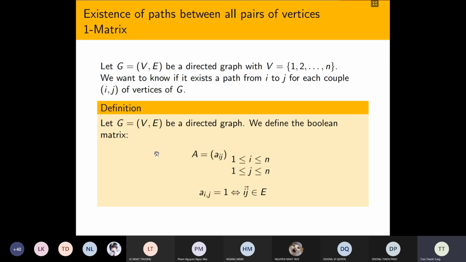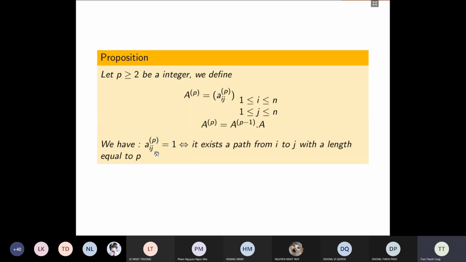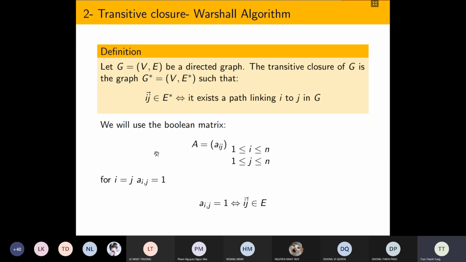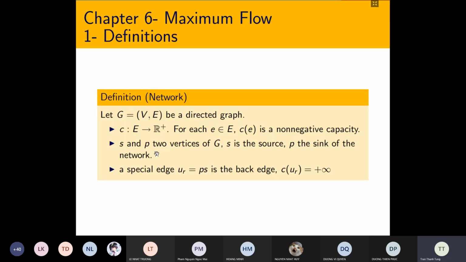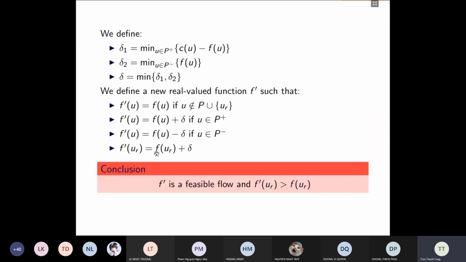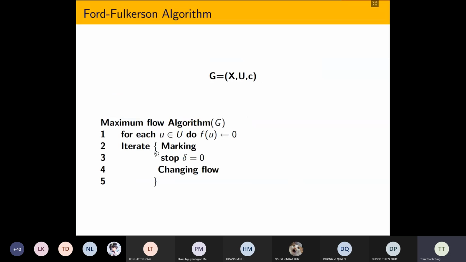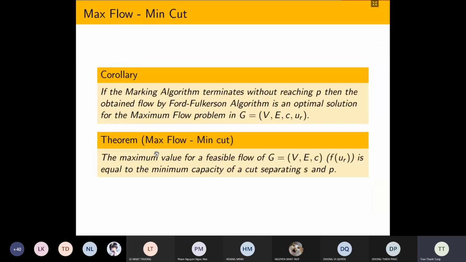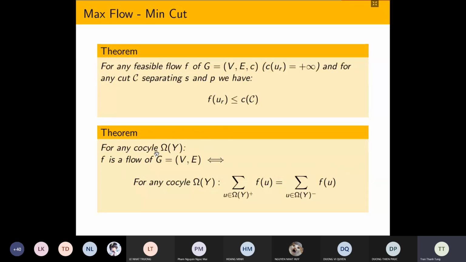So I just mentioned, and then we have many other problems. We have flow algorithms in graph theory, and I will not show it. And we have max flow min cut. This problem is very interesting.